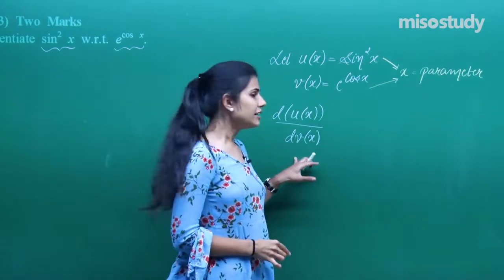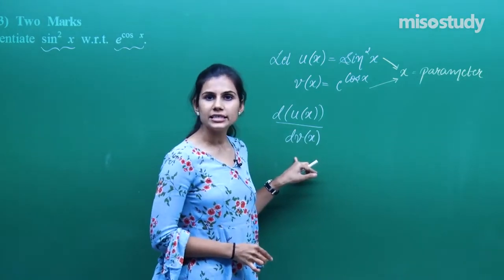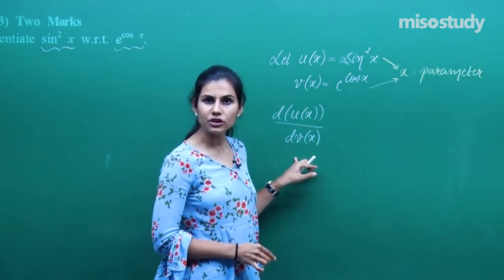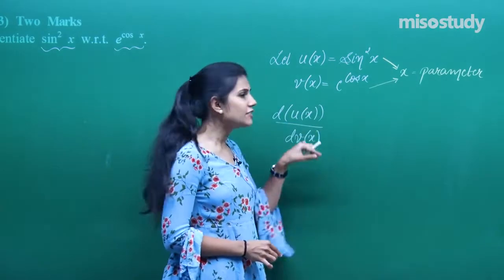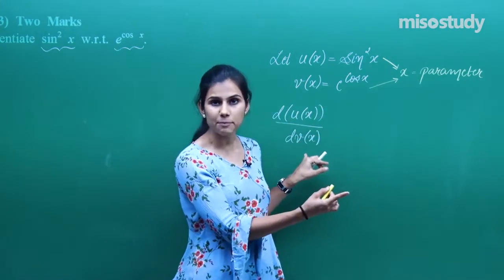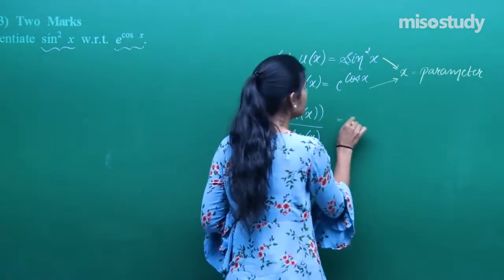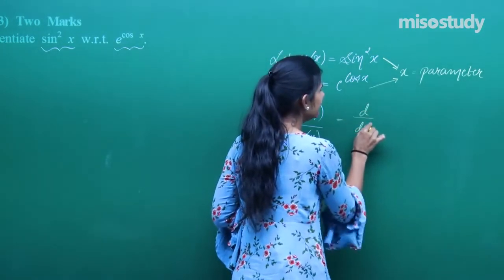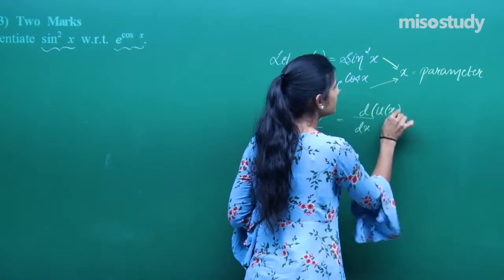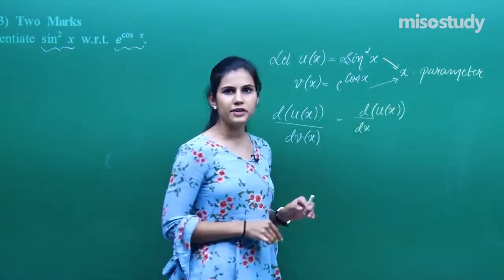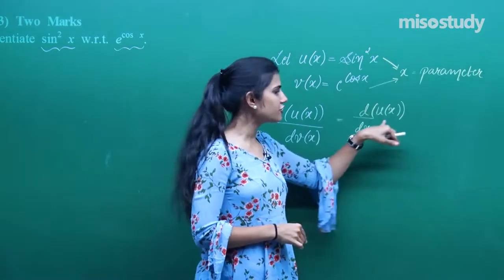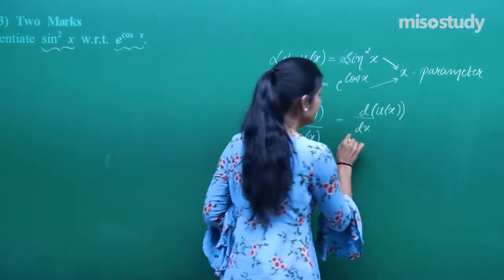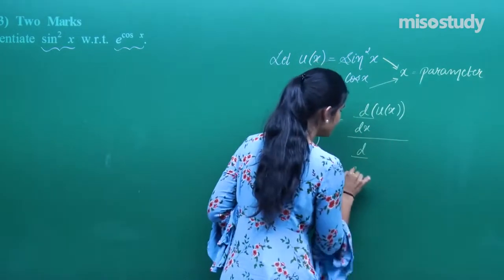So what is the very concept of differentiating a function in parametric form? If I wish to differentiate u(x) with respect to v(x), where u(x) and v(x) are individually functions of the same parameter x, then this is equal to d/dx of u(x), which is differentiable, so I can find its differentiation with respect to x, divided by d/dx of v(x).